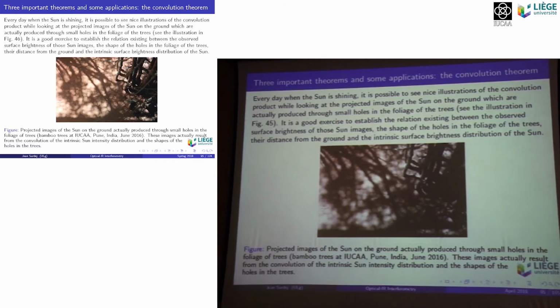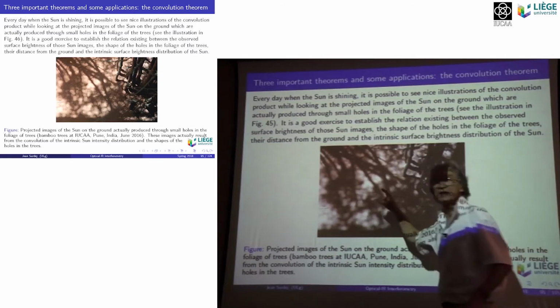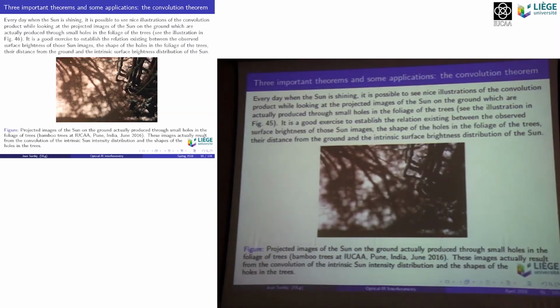This is an illustration taken here 2 years ago, where you have the bamboo, and where you see on the ground nice disks of the sun. These are actually images of the sun produced by a pinhole camera, where the hole is among the leaves of the tree.